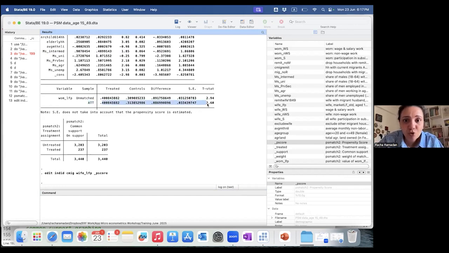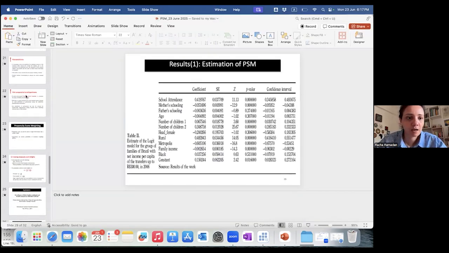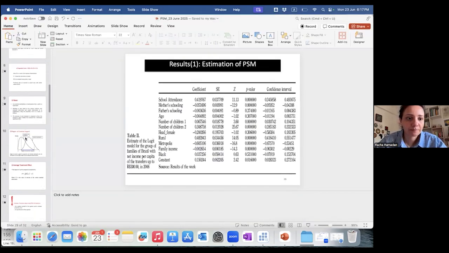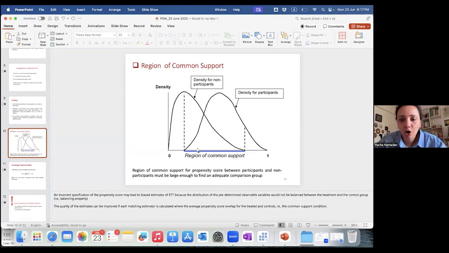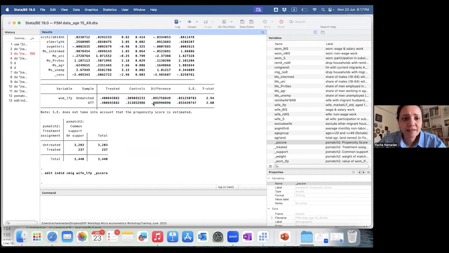The second line shows the ones on the common support, the blue line in the presentation. And here is the difference, 0.0869. This is the average treatment effect that we are looking for. And here you have the standard error and the t value.